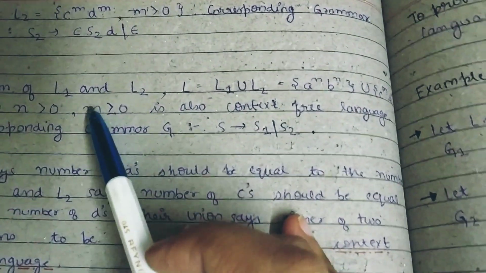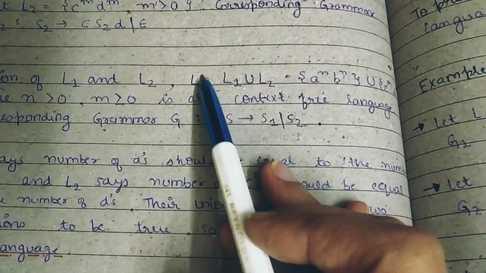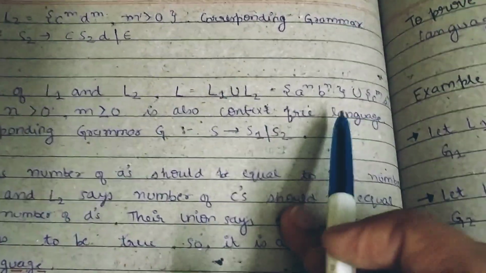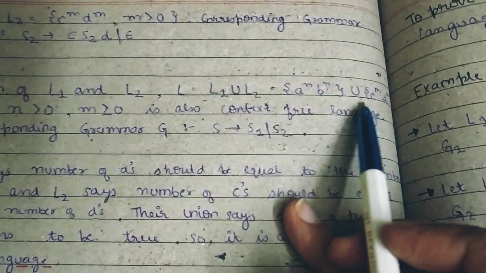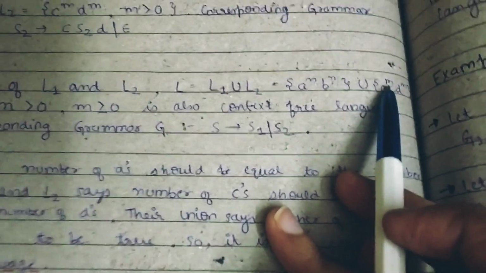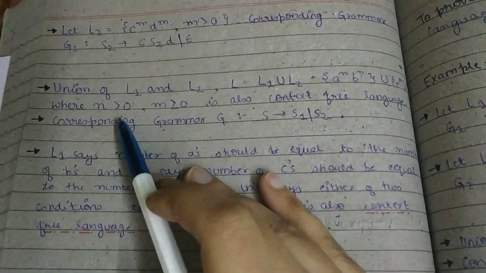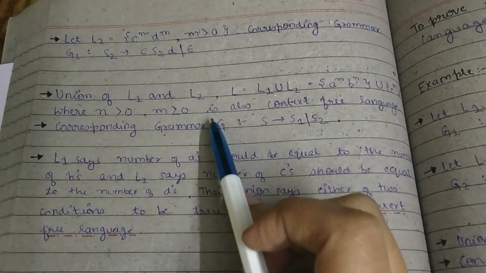Now, the union of L1 and L2 will be represented as L, which will be equal to A raised to the power n, B raised to the power n, union C raised to the power m, D raised to the power m, where n is greater than 0 and m is greater than or equal to 0.